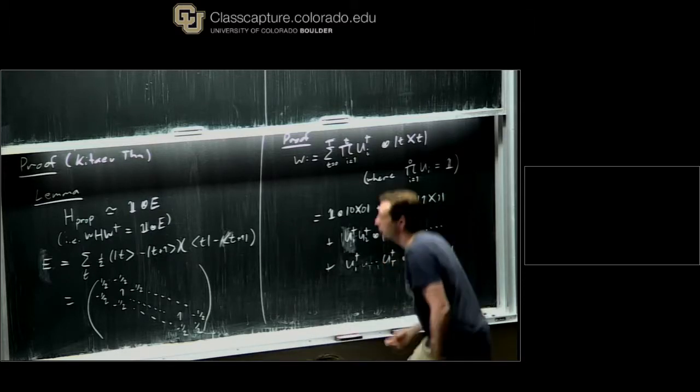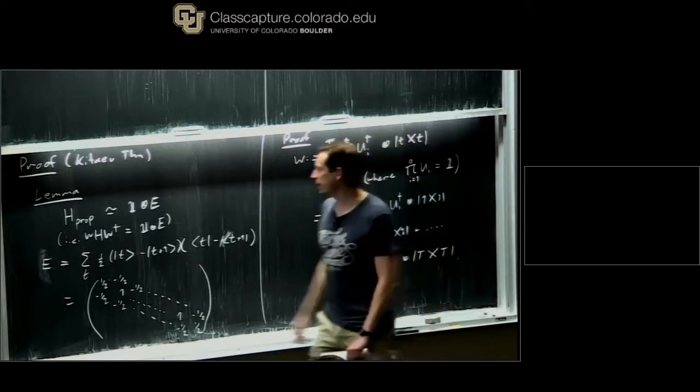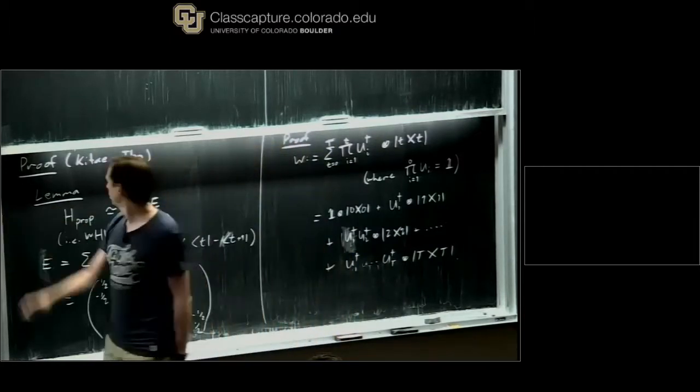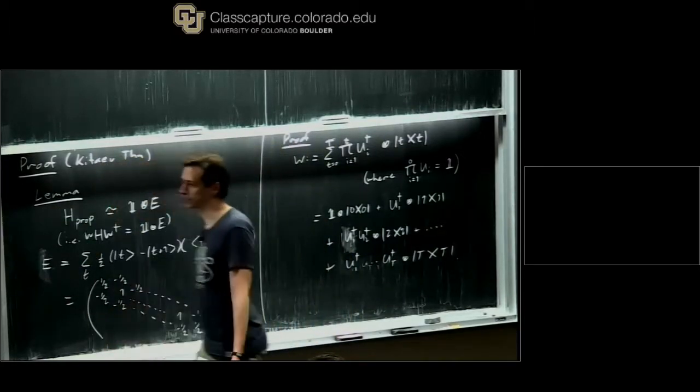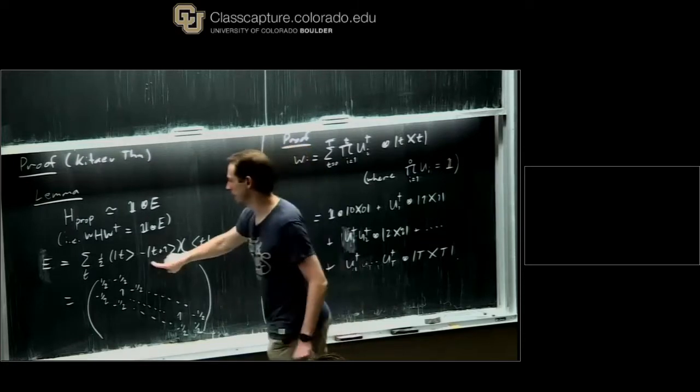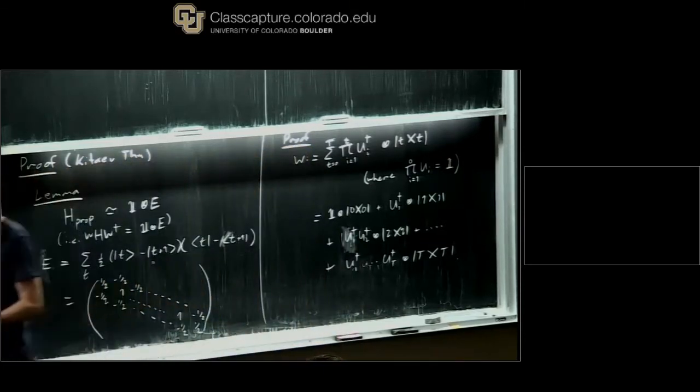Okay, you can just verify, conjugate this matrix by this one. You'll see that a whole load of terms cancel and you end up with exactly this thing here. I'm not going to go through that. You can do it for yourself.